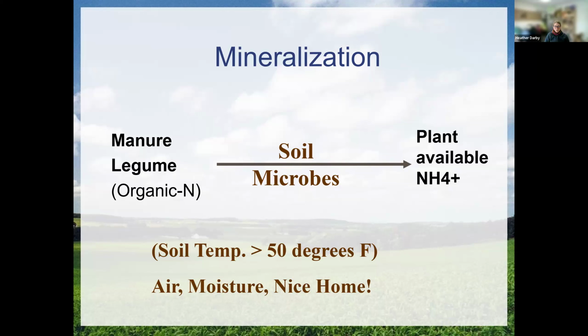Okay. Now, in order for this process to happen, for microbes, and these are general microbes, right? This is all kinds of things in your soil, from the action of worms, the action of ground beetles, to fungi, to bacteria.